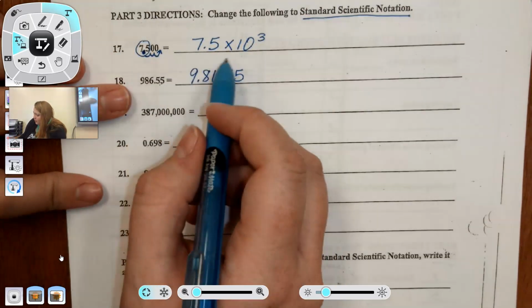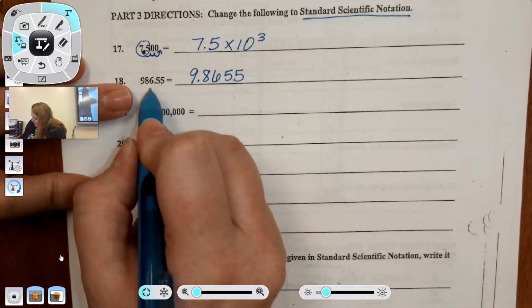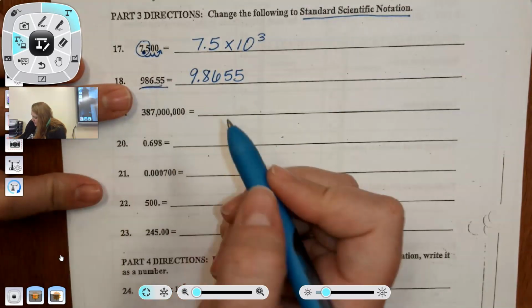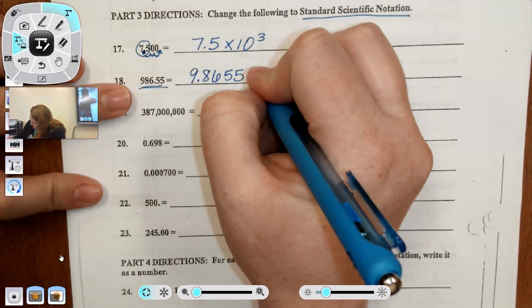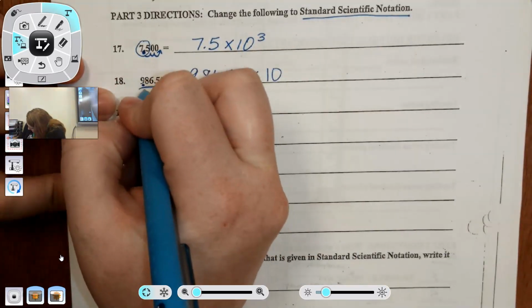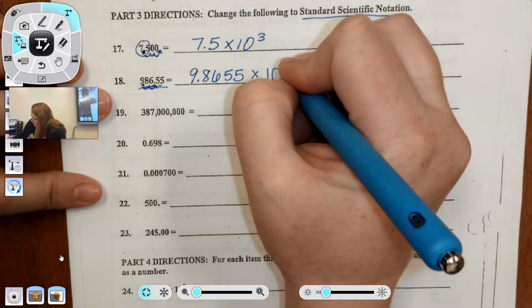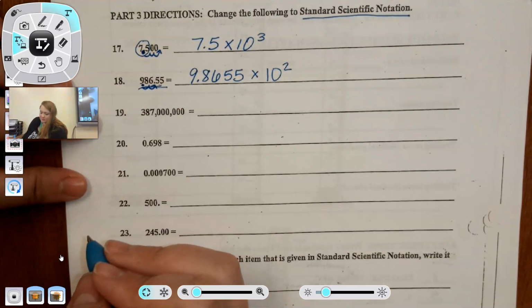Your sig figs are what go in scientific notation. So this is 9.8655. We have to include all of those because they're significant. And then we're going to say times 10. If I put my decimal right here, then I would have to move it 2 places to the right to get where it's supposed to go. So times 10 to the 2nd power.